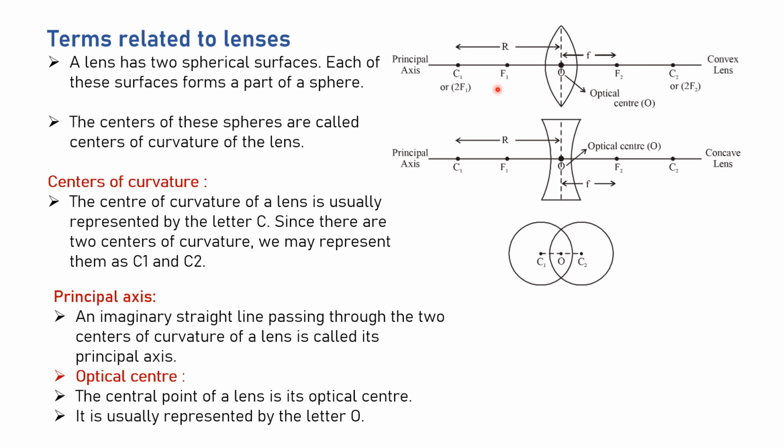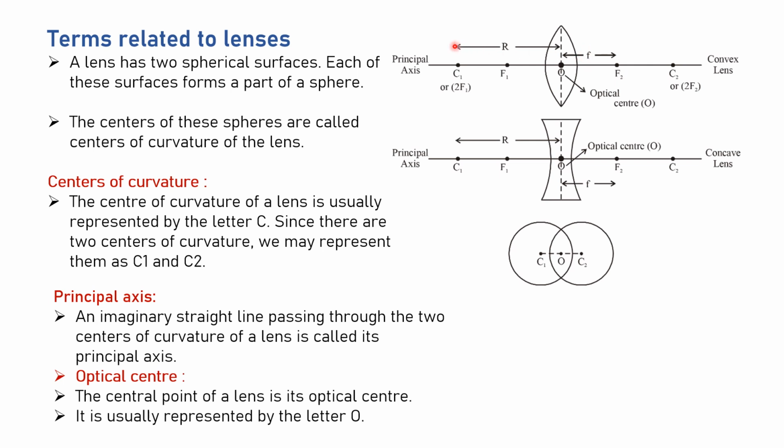In case of convex lenses, I'll be considering the distance between O and F2 as the focal length. Children, you should pay more attention here. The distance between the optical center O and F2 in case of convex lenses will be considered as the focal length.